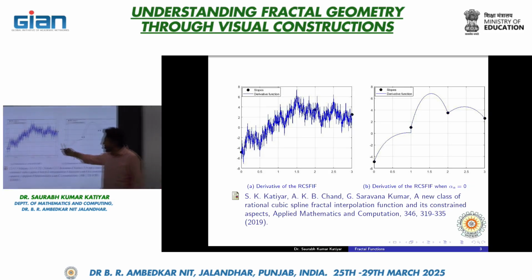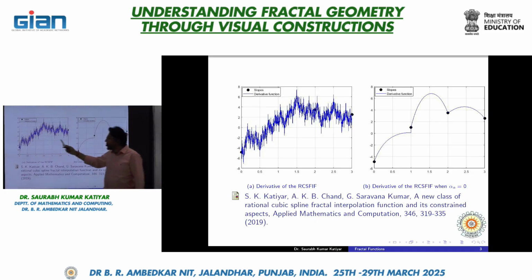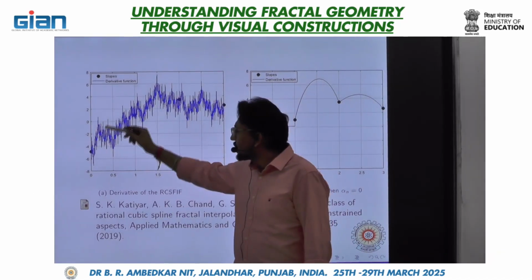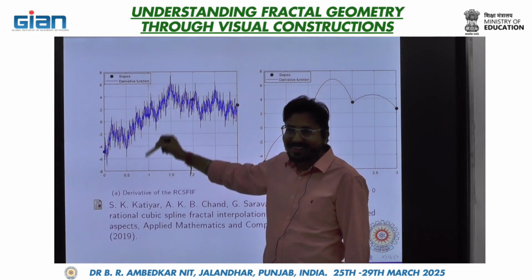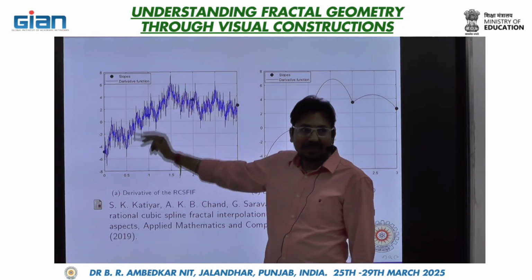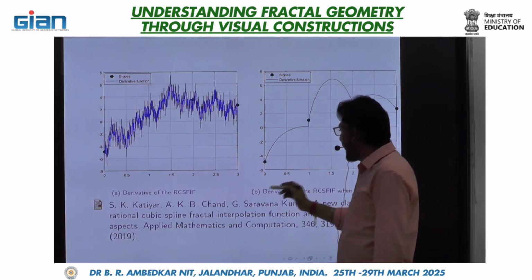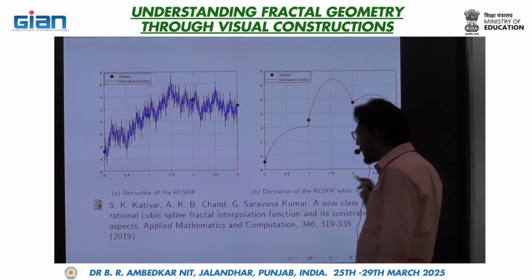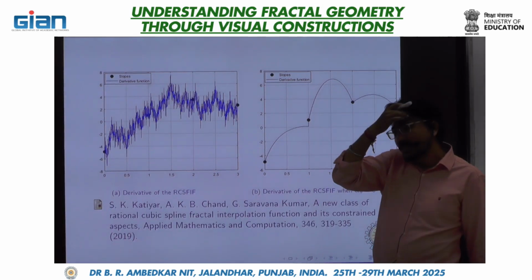Now you see this figure here. You see 1, 2, 3, 4 points, and the curve is very non-differentiable. And here when I am choosing alpha equal to 0, then this is smooth.